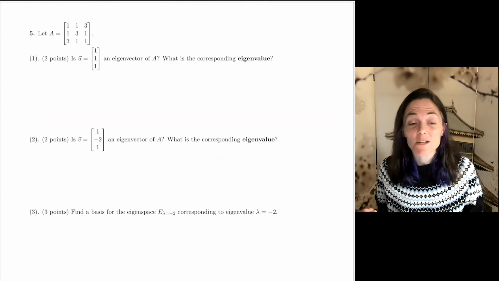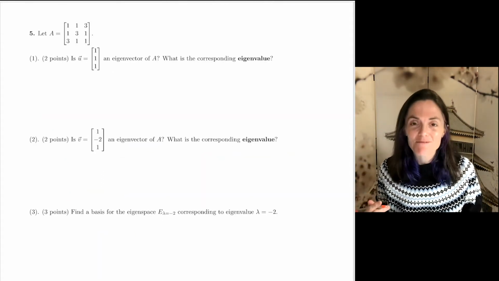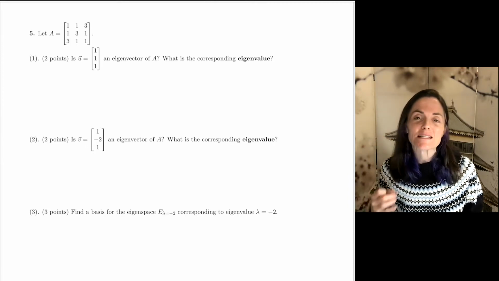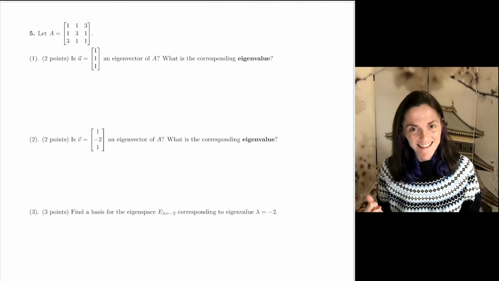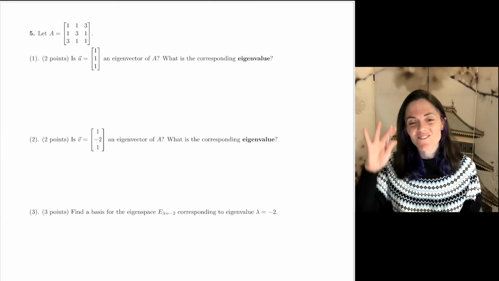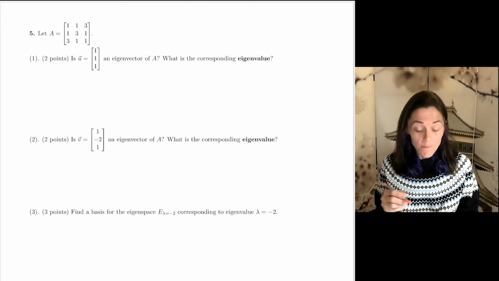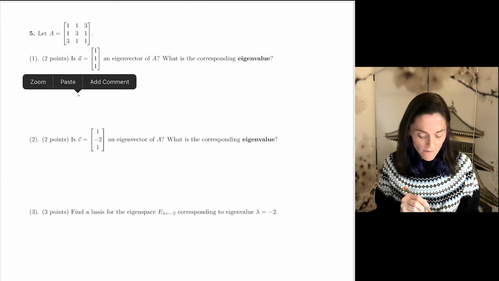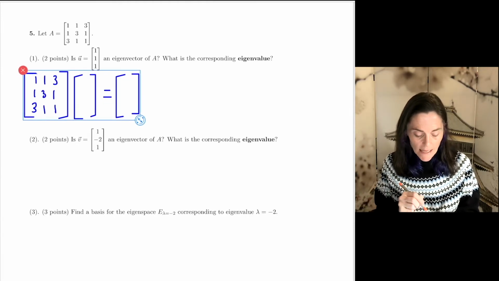The next question, we're given a symmetric 3x3 matrix, and through the various parts, we will orthogonally diagonalize this matrix. The first part, it says, is U, which is 1, 1, 1, an eigenvector for A? If so, what is the corresponding eigenvalue? Well, we can just take and multiply.